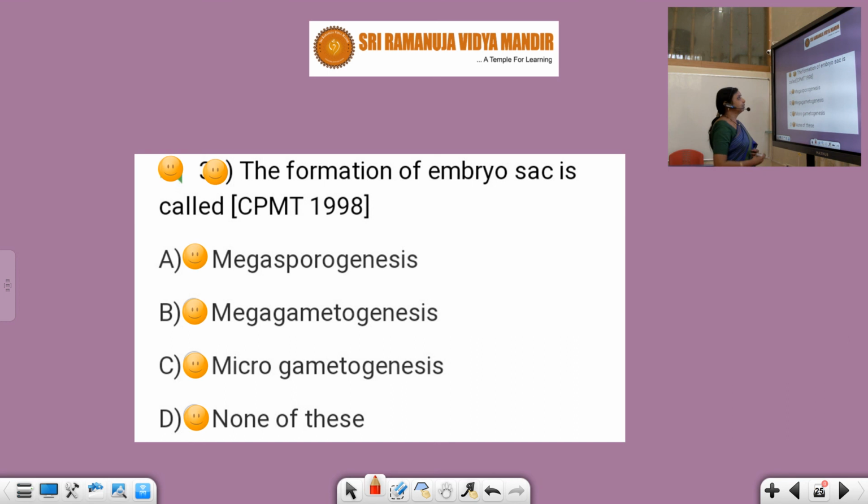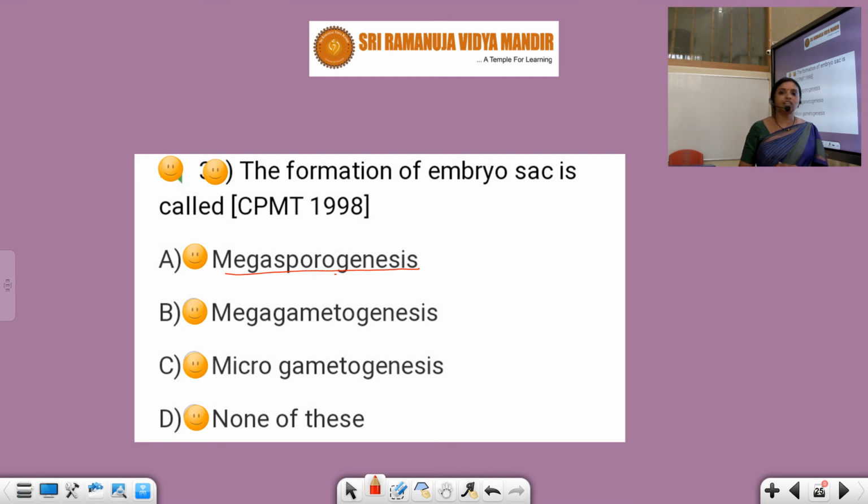Next question is, the formation of embryo sac is called what? Megasporogenesis? No, megasporogenesis is the formation of megaspores. Inside the nucellus, some of the cells enlarge in size and form the megaspore mother cell.